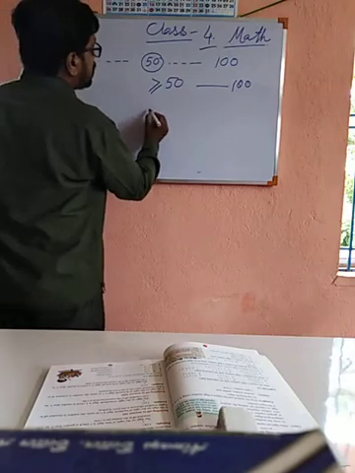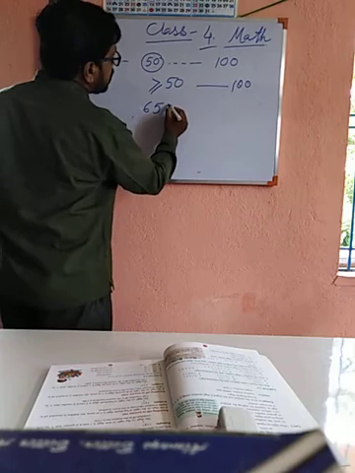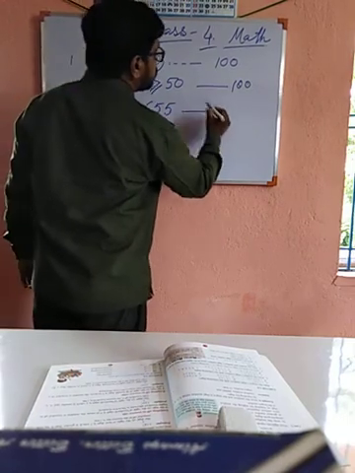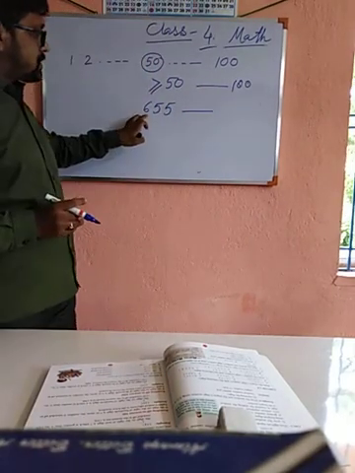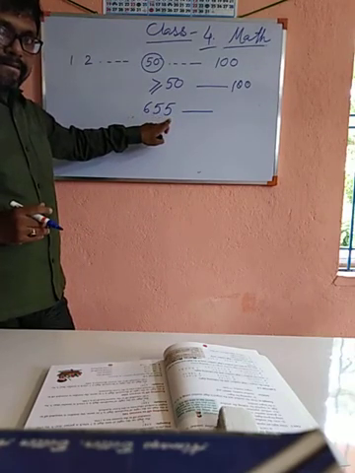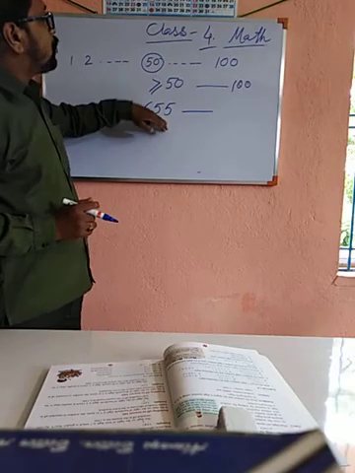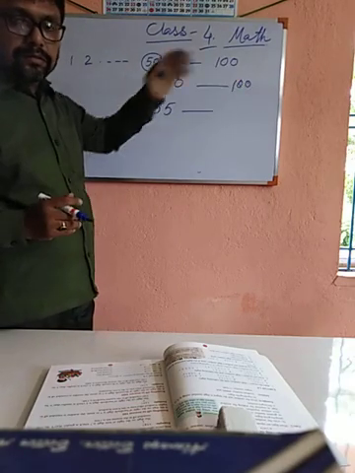Suppose 655, that is 655. So 600 is more than 500.